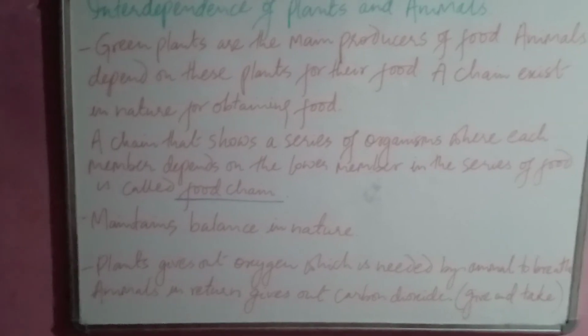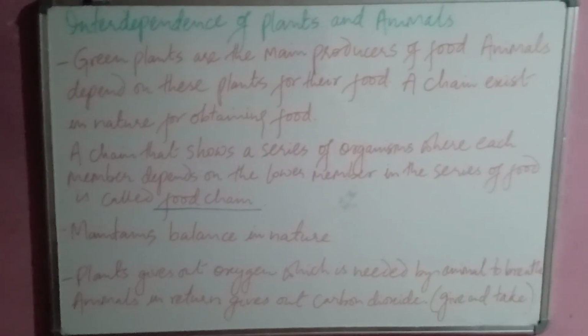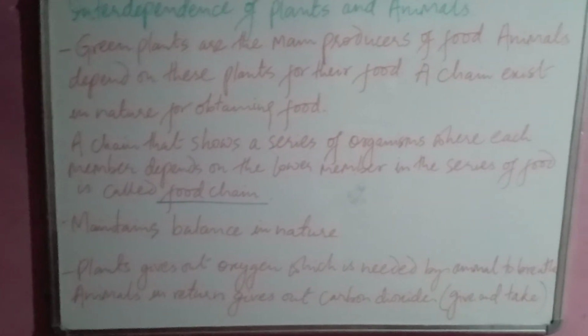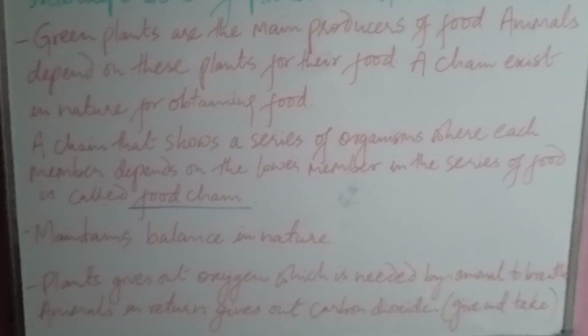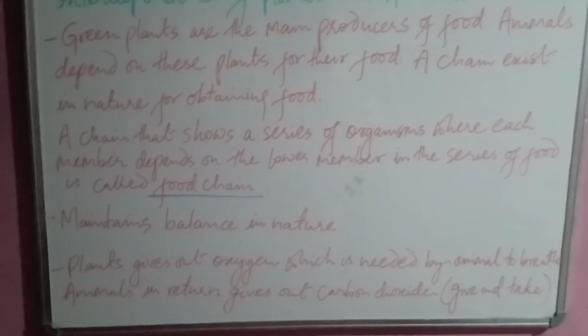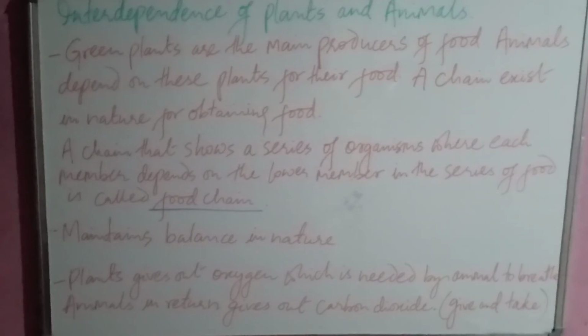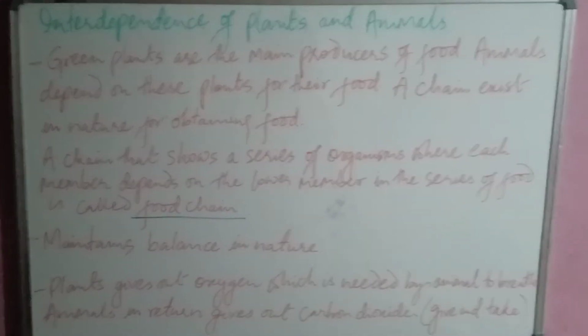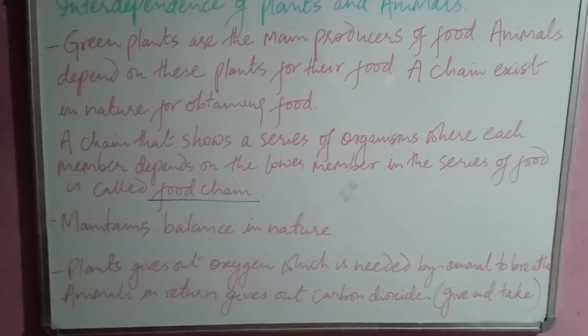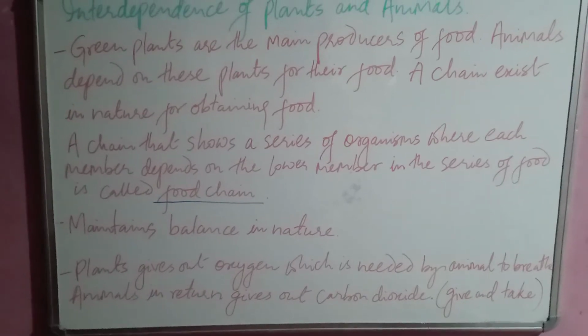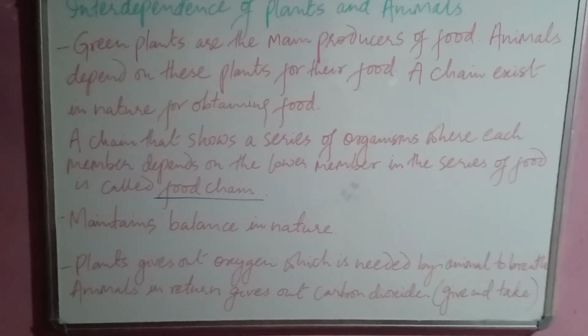So that means they are interdependent on each other. So they should maintain some balance so that there is an equal number of plants and animals.